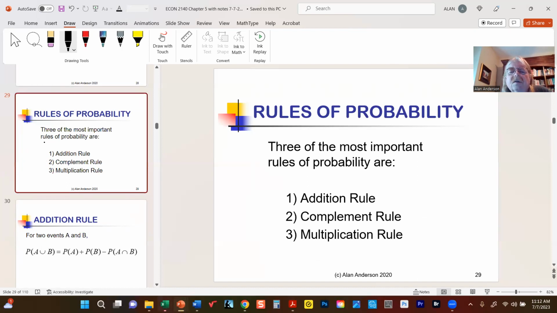The addition rule is for calculating the probability of a union of events. The multiplication rule refers to intersections between events. And for the complement rule, we have to explain what complements actually are when we get there.